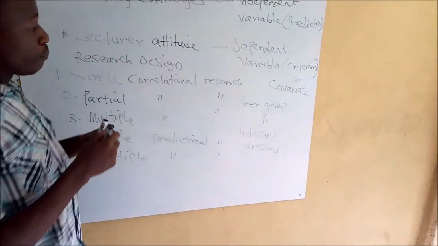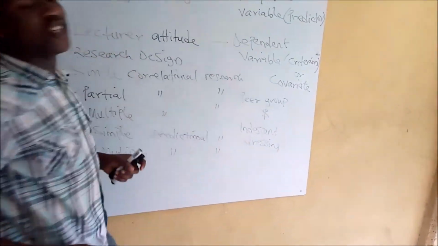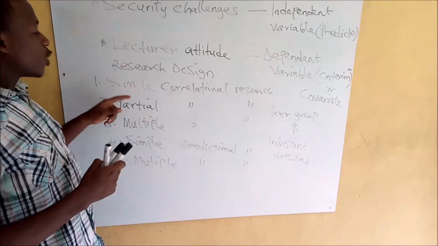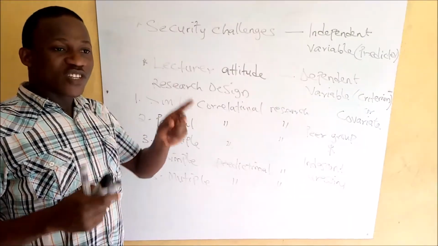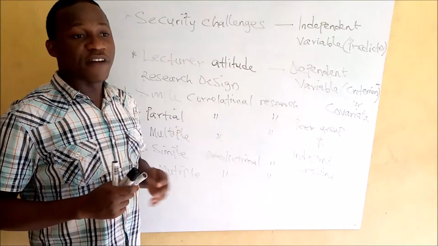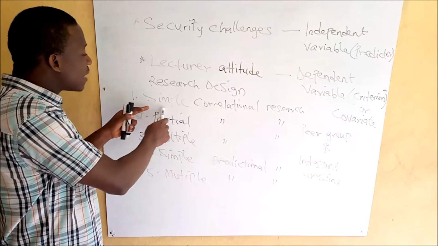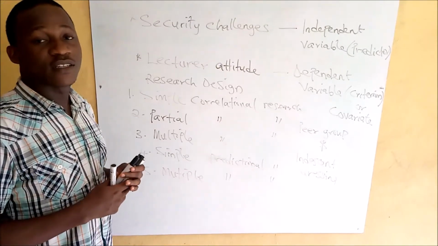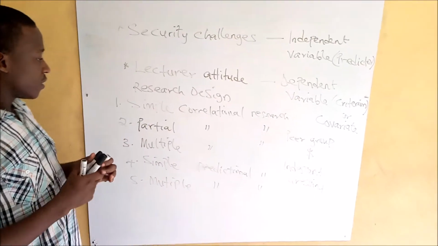You are trying to check how peer group relates with indecent dressing of a child. In this type of research, you adopt a simple correlational research design because you are only considering two variables. This is the independent variable and this is the dependent variable. So the statistical tool that will be applied when adopting simple correlational research design is called simple correlation statistics.